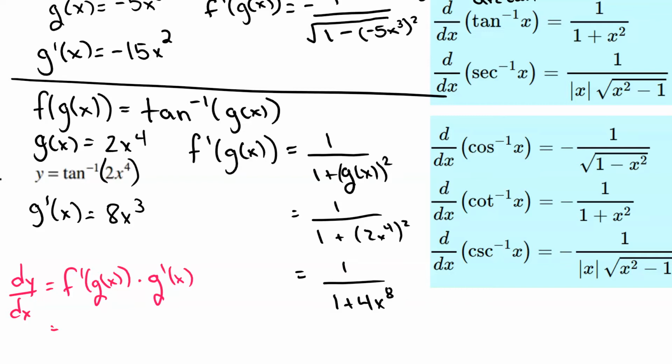So I've got 1 divided by 1 plus 4x to the eighth, times 8x cubed. So we've got 8x cubed over 1 plus 4x to the eighth. And that's our derivative. So we're going to go ahead and do the next one.